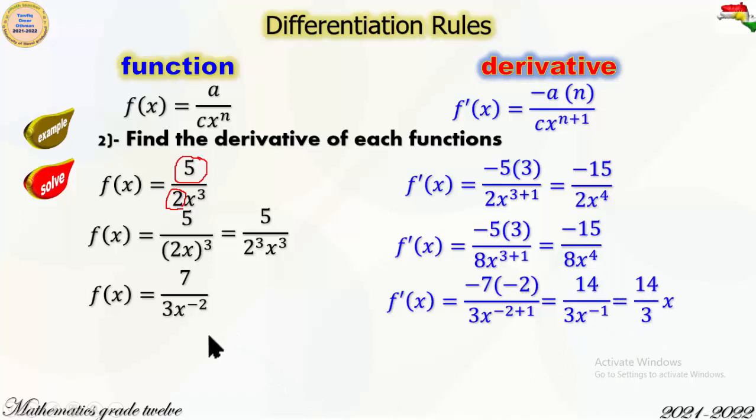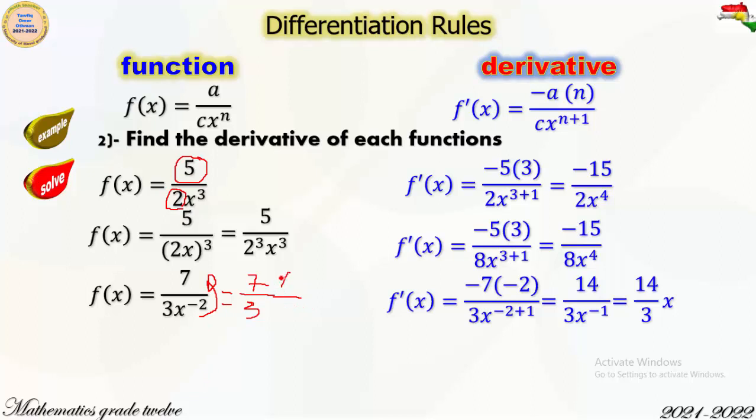You can do this one in another way. Maybe that's easier. You can say that this one is equal to 7 over 3 x to the power negative 2. Because you have a negative power, you must make it positive. Take it from the denominator to the numerator.